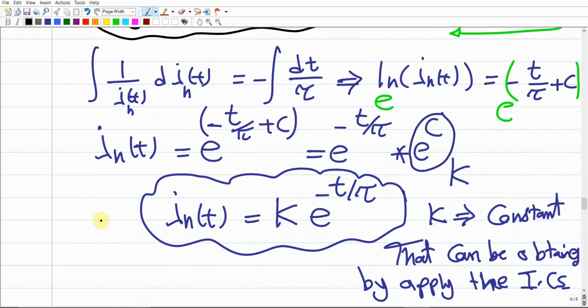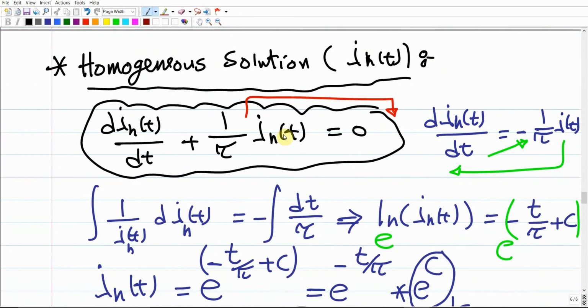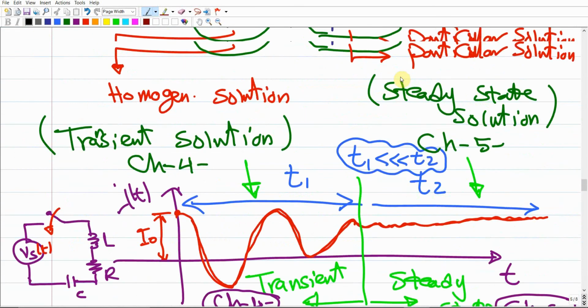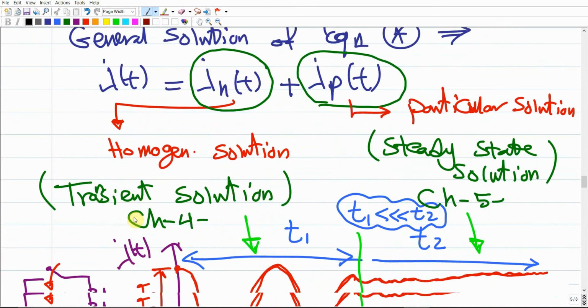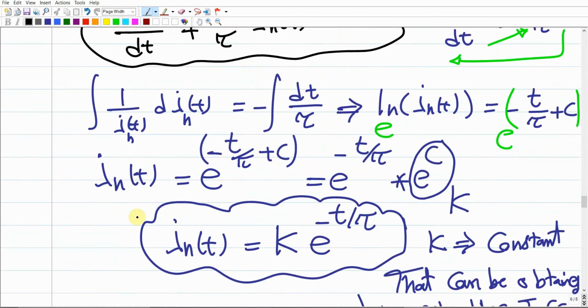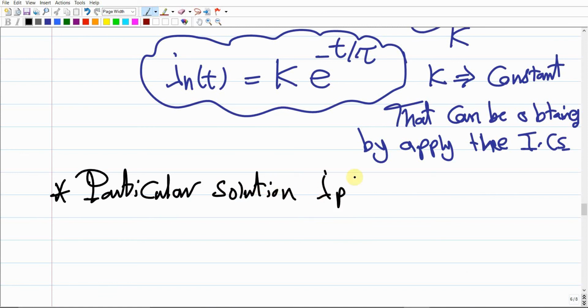For the particular solution, we're going to repeat again, but in this case, we're going to consider that the right-hand side will be f of t. We're just going to plug in the right-hand side, and we're going to use a subscript p, which stands for the particular solution. So we're going to consider here the particular solution of the ODE, which is I particular of t.